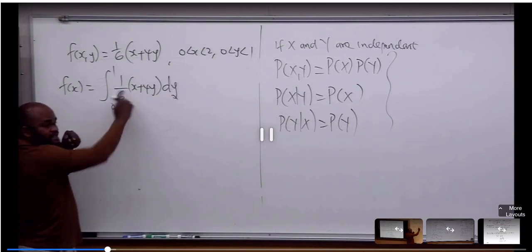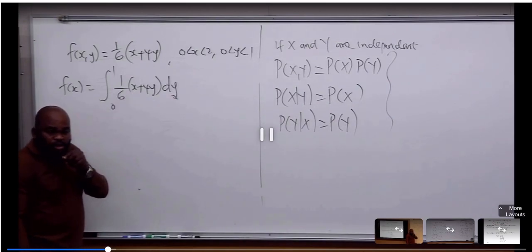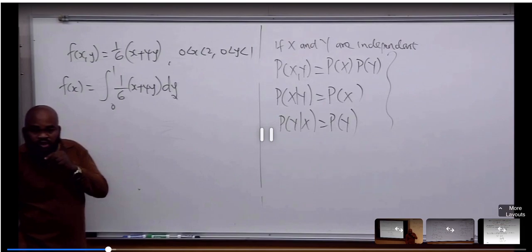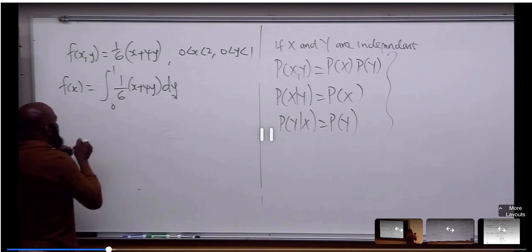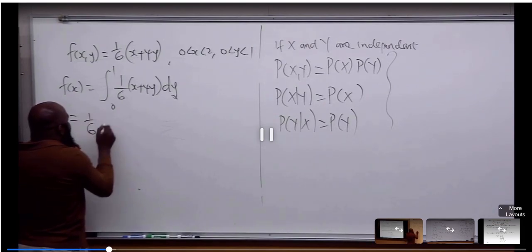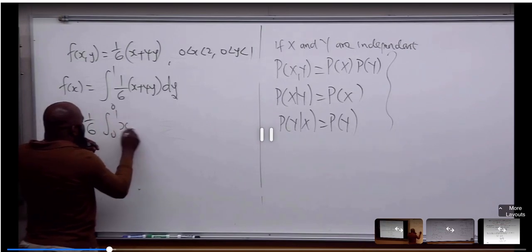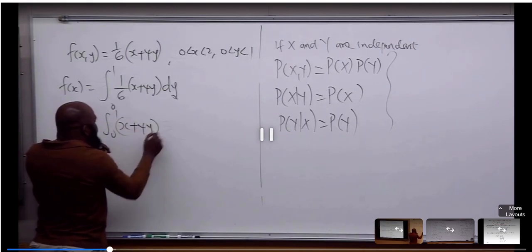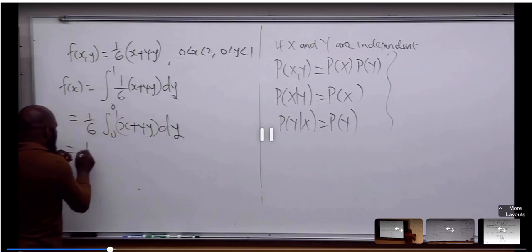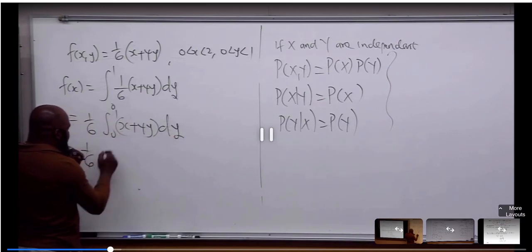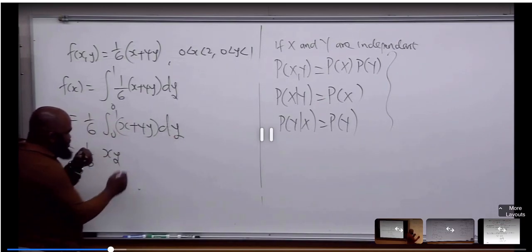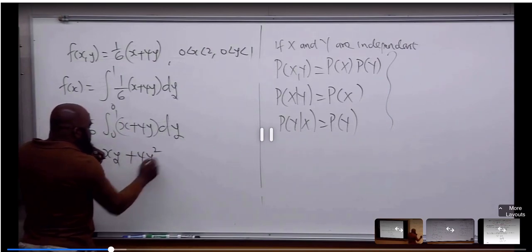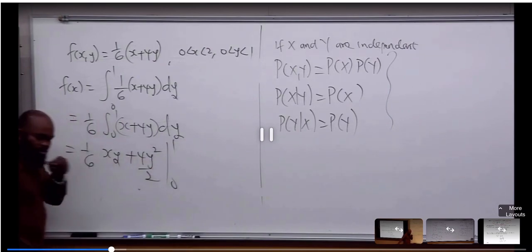Anything other than y will be seen as constant. So if I bring this out and rewrite it, integrating this is going to be xy, and this is going to be 4y squared over 2 from 0 to 1.